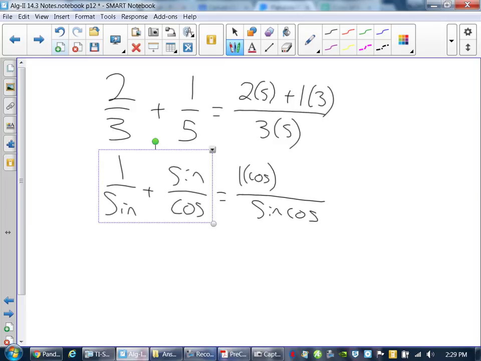The fraction on the right has a cosine, it needs a sine. That's all we're doing. It's the exact same process as if they were numbers, but you just have letters. So we do this for addition and subtraction. Did that help? Yes.